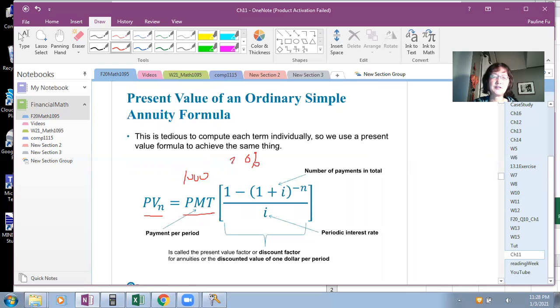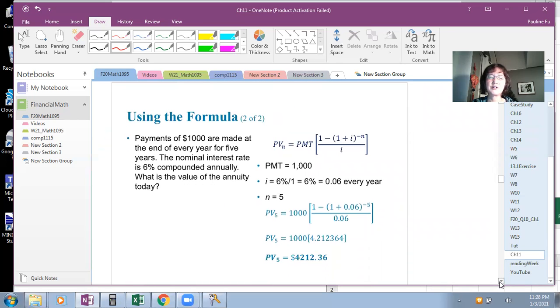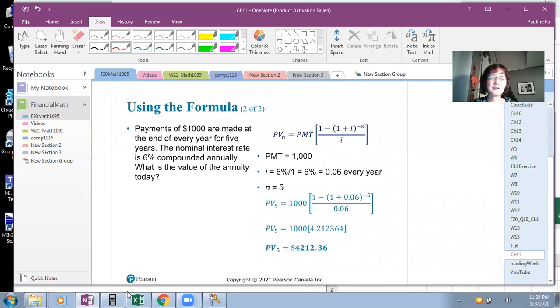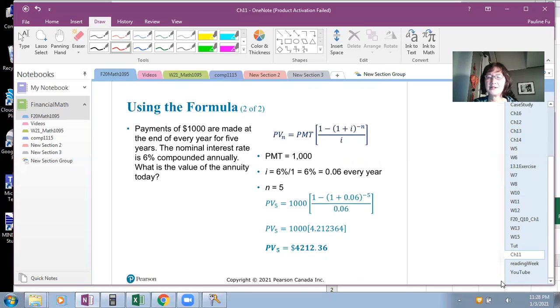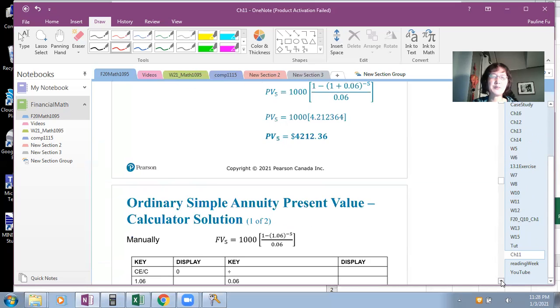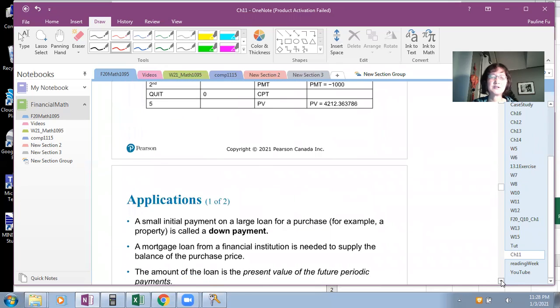N is 5 years. Plug in those numbers, and you will get the same number as we get from the calculator and from Excel. So this is this example.